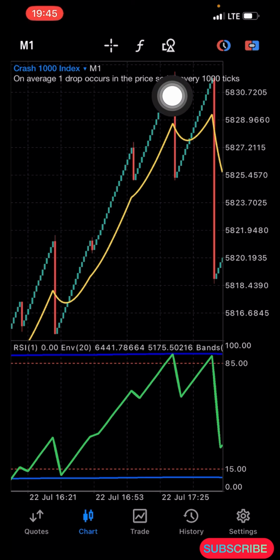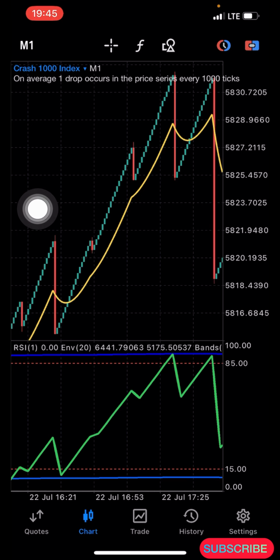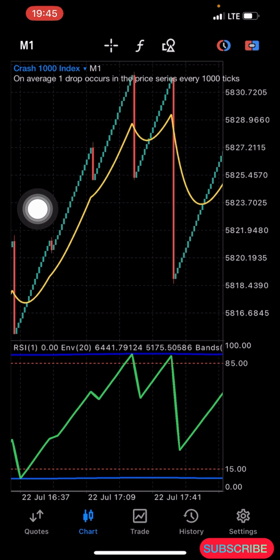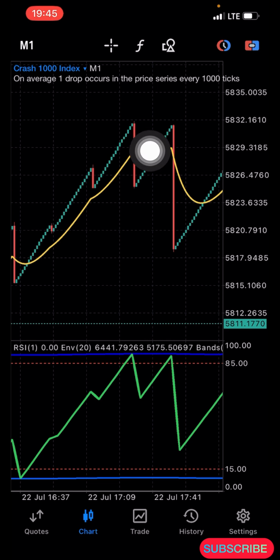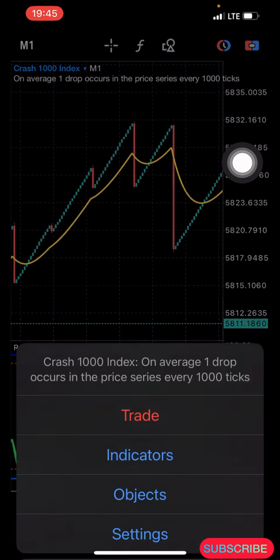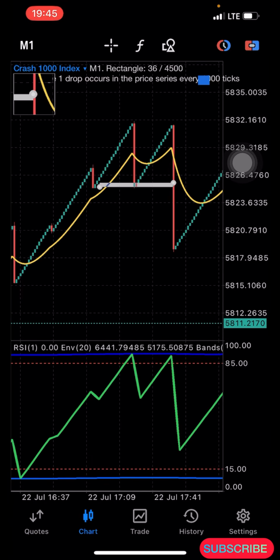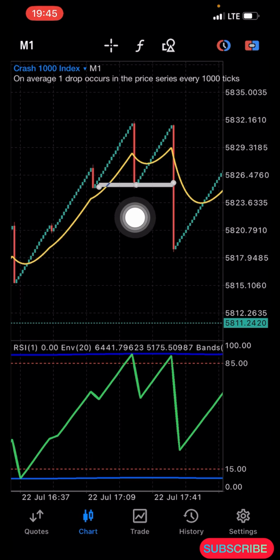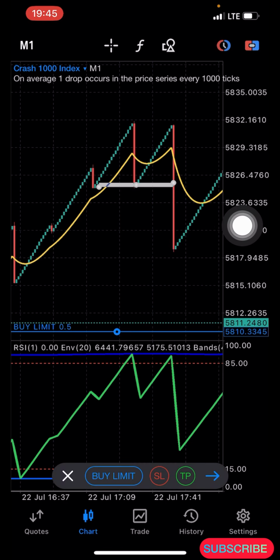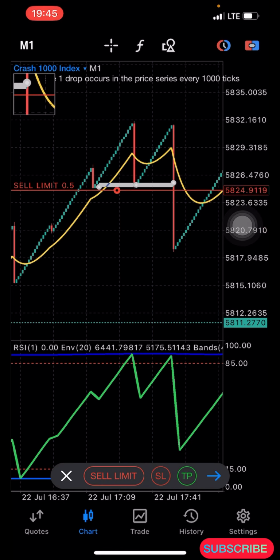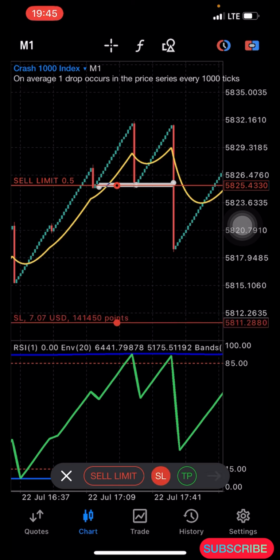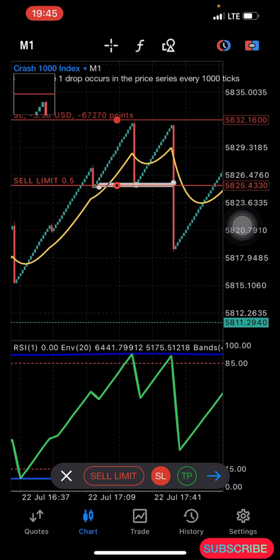Once the spike happens and you see that it has crossed below this yellow moving average here, that is when you should take your entry. Immediately it crosses below that, you take your entry immediately from this area here, and then your stop loss should be above this area here.